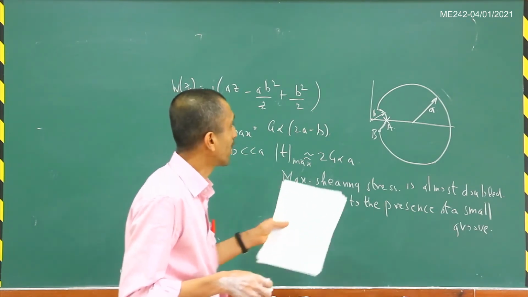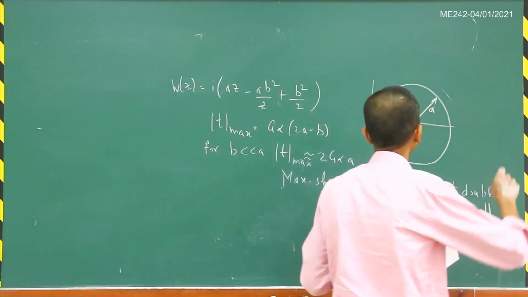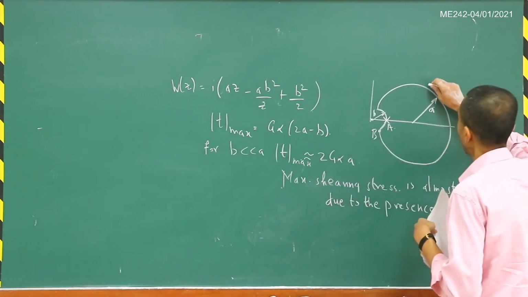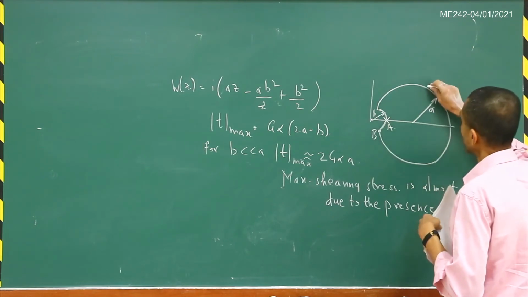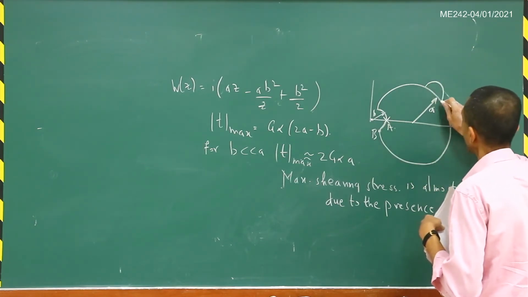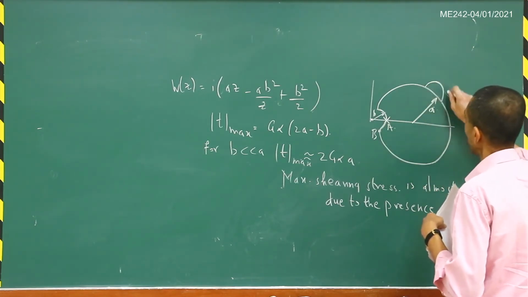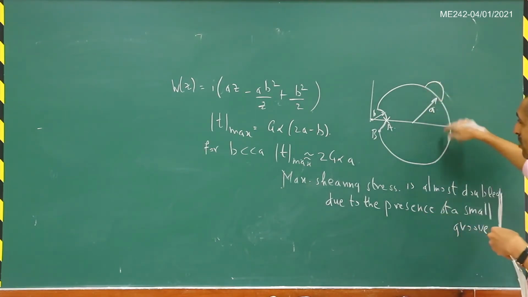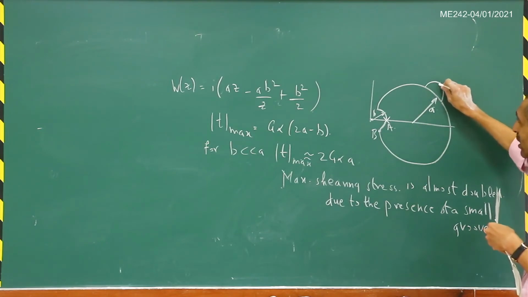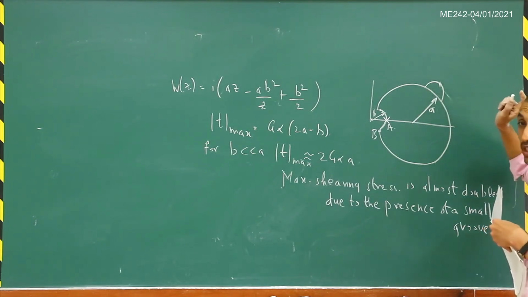So actually one thing to note here is that this is a concave groove, but suppose I now introduce a groove like this, in the sense that I add material to this particular shaft, then actually here the stresses will be very low.